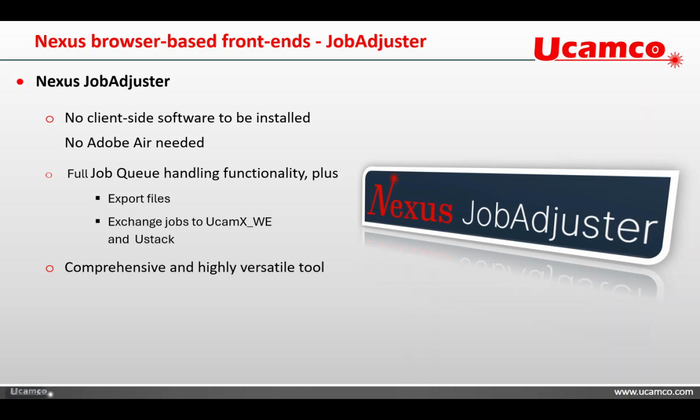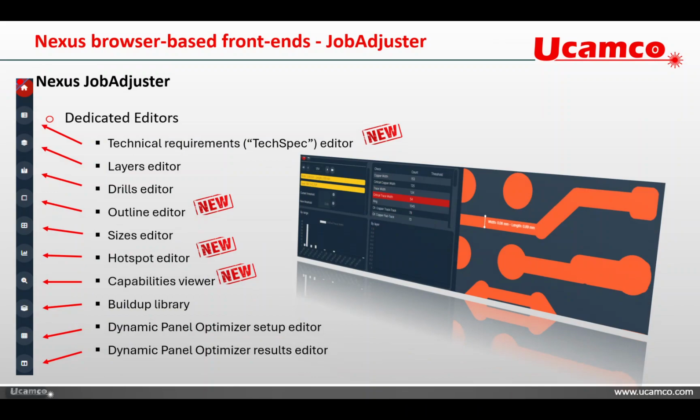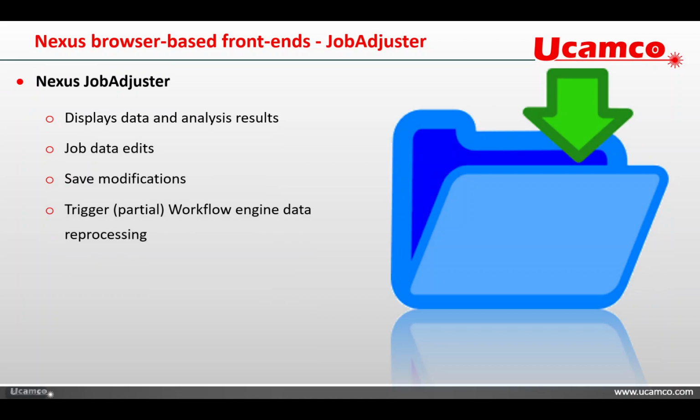So from the two, JobAdjuster is, of course, the most complete, most comprehensive and most versatile tool. The same editors are available in JobAdjuster, again according to the same principle, but here, in some of them or in most of them, an operator could actually go in and make modifications to the data, which is not the case for the Job Manager product that we saw earlier.